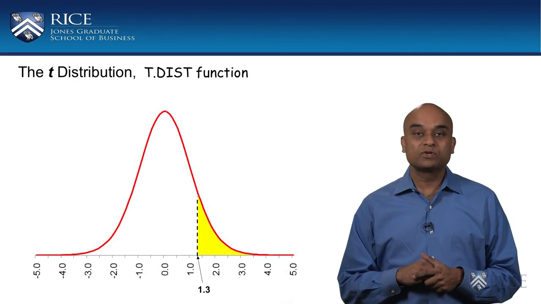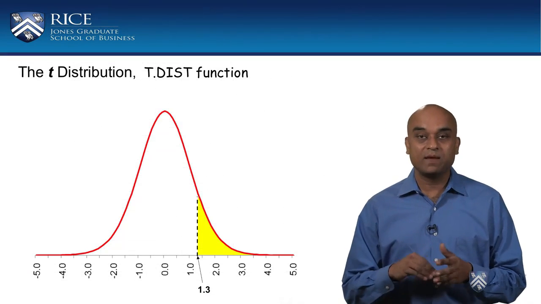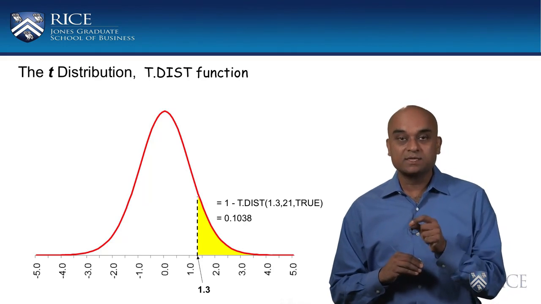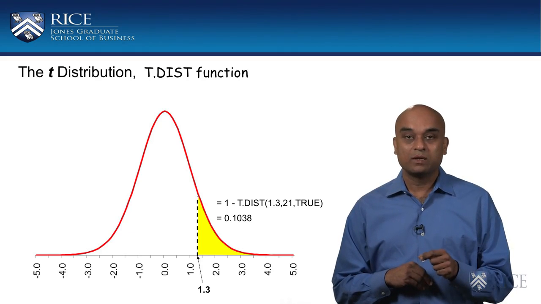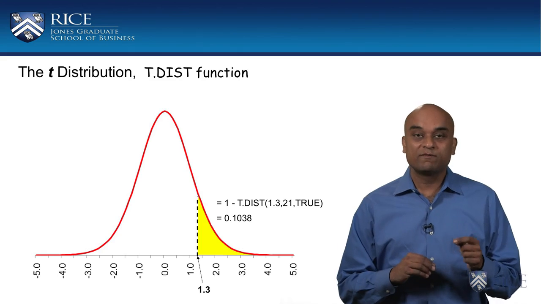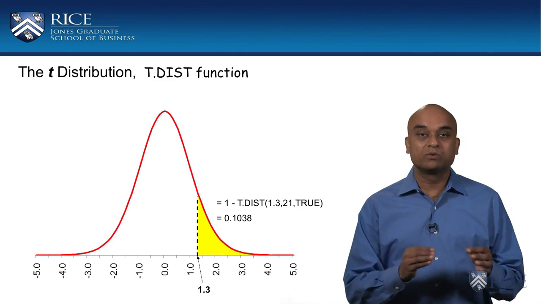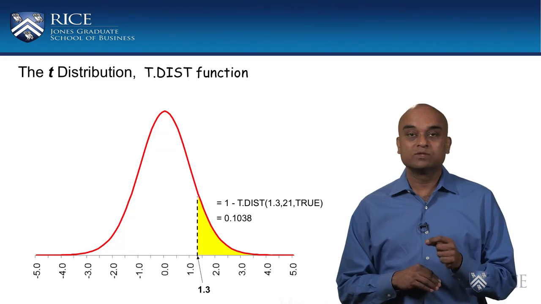Similarly, if you wish to calculate the probability to the right of 1.3 in the same distribution, you would do 1 minus T.DIST(1.3,21,TRUE), using the fact that the area under the entire curve is always equal to 1, the answer being 0.1038.